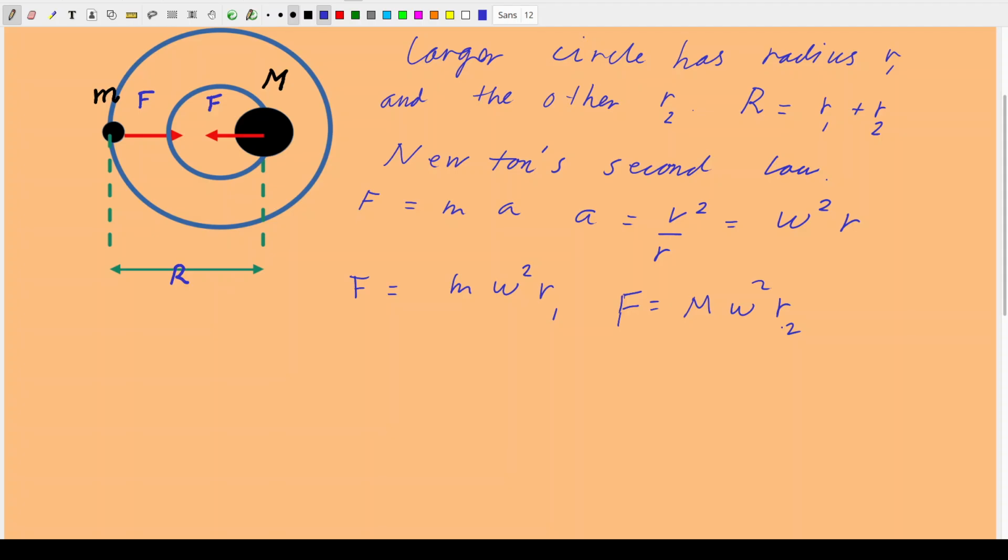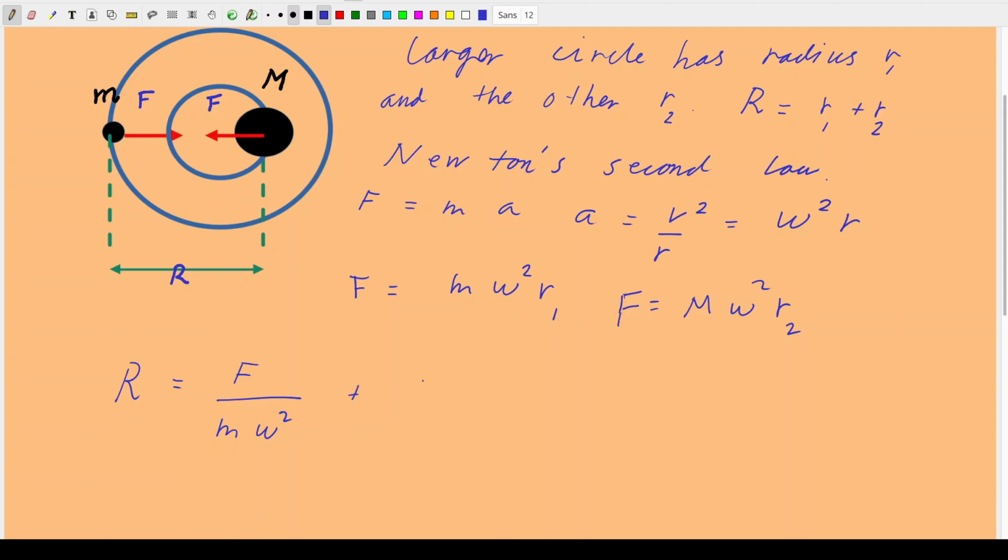So what do we have here? We can now write R equals r1, from this equation, that is this one, right? That's r1.